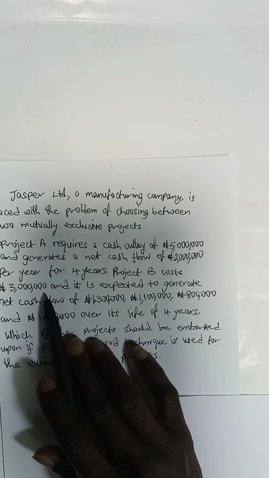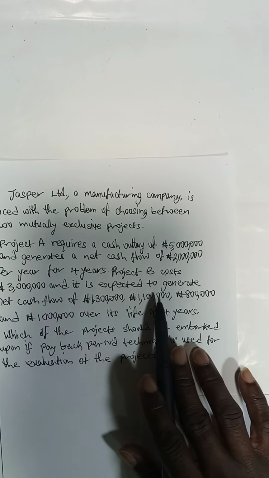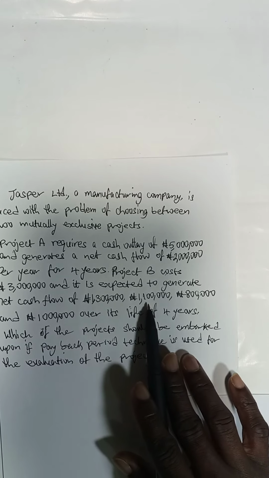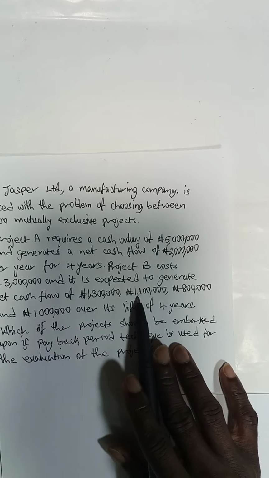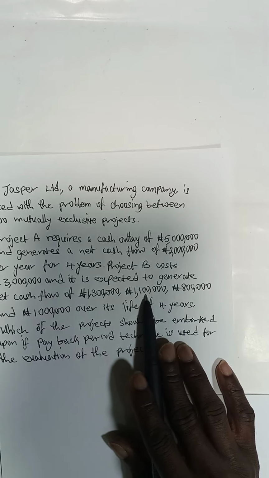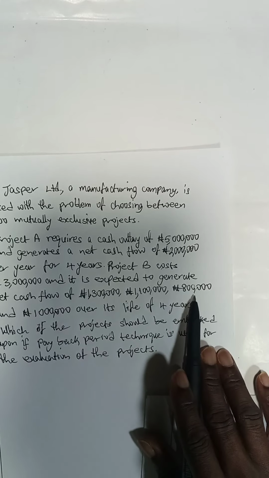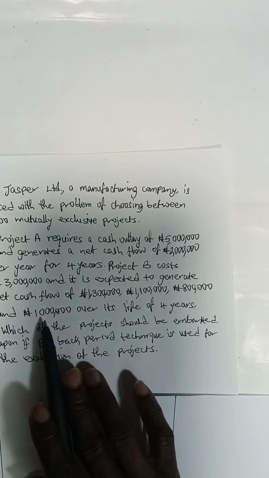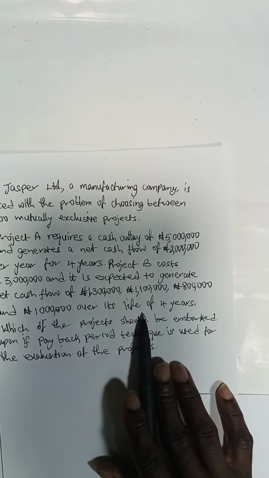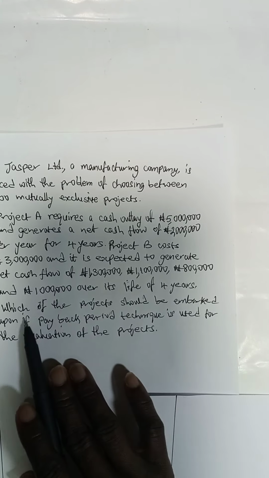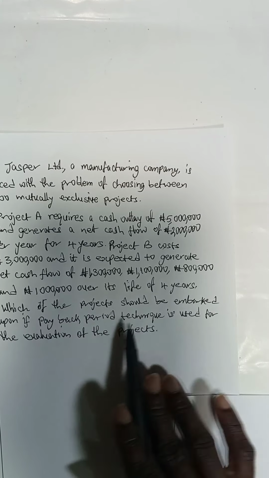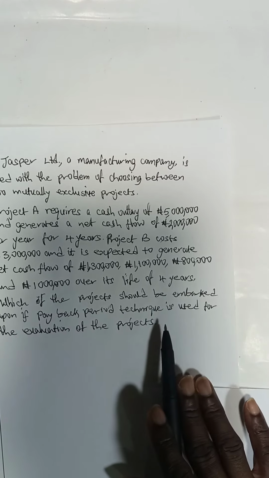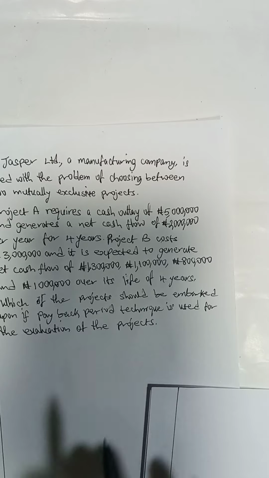Project B costs 3 million and it is expected to generate net cash flow of 1.3 million in year 1, then 1.1, then 800,000 and 1 million over its life of 4 years. Which of the projects should be embarked upon if the payback period technique is used for the evaluation of the projects?